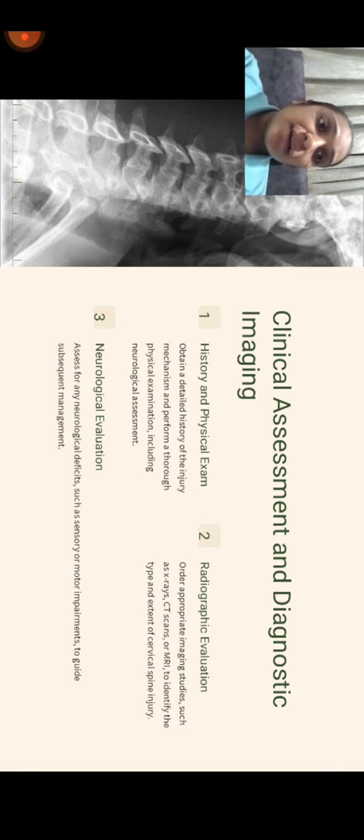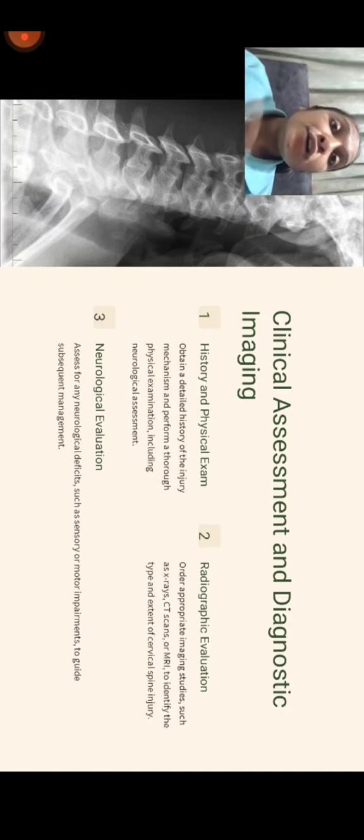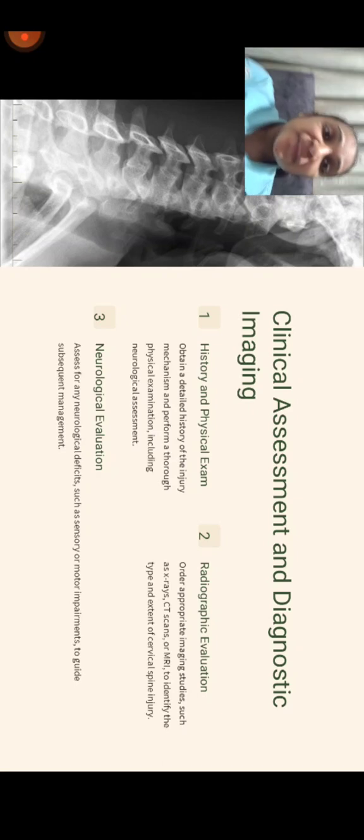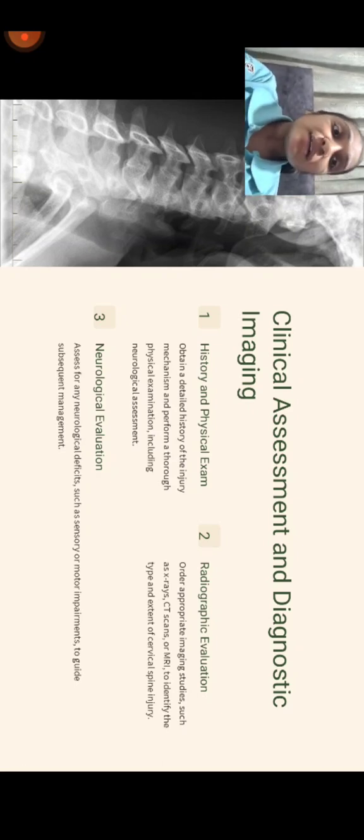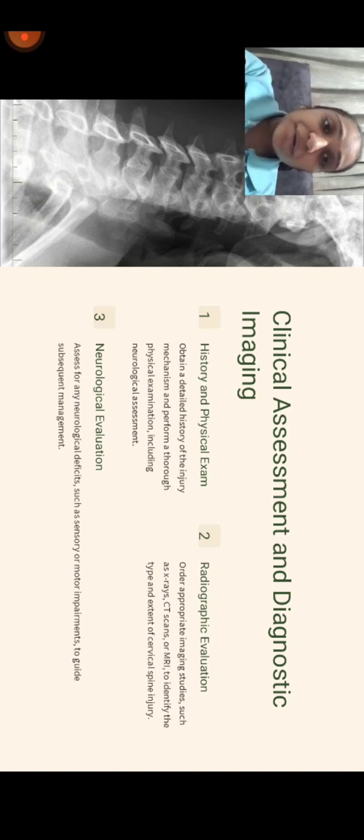Radiographic evaluation: order appropriate imaging studies such as X-ray, CT scan, MRI to identify the type and extent of cervical spine injury. Neurological evaluation: assess for neurological deficits such as sensory or motor impairment to guide subsequent management.